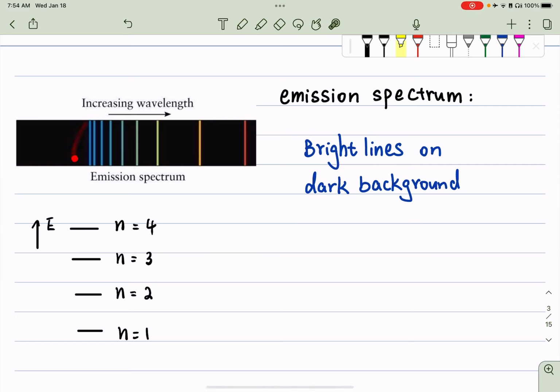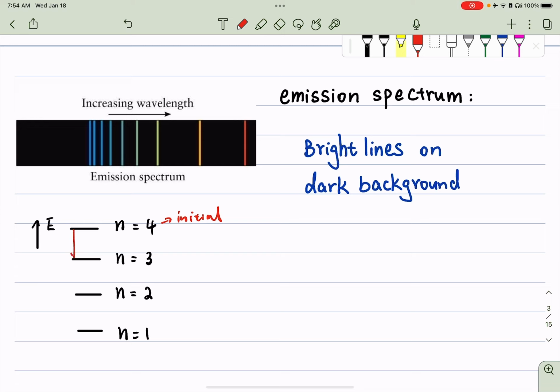So why are we having so many different lines? Say our sample starts in n equals 4. Then we have several possibilities.